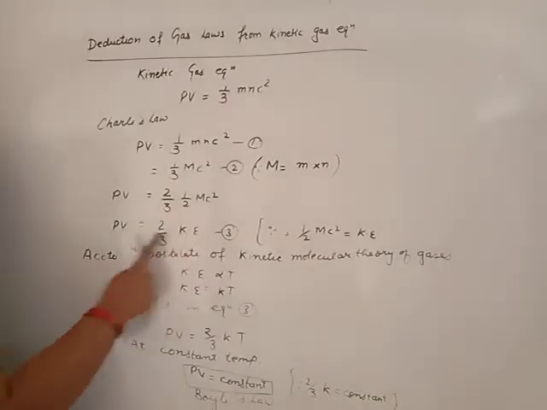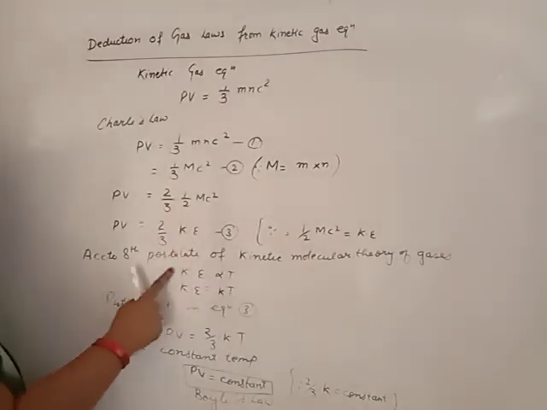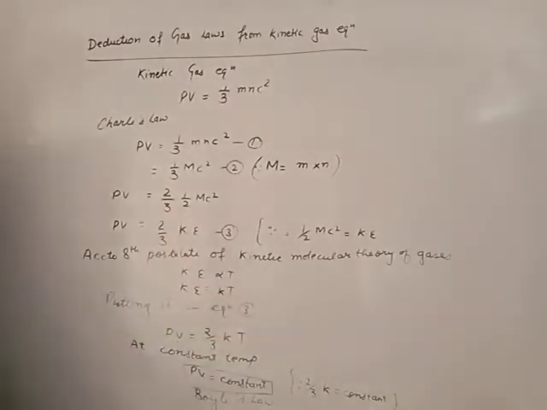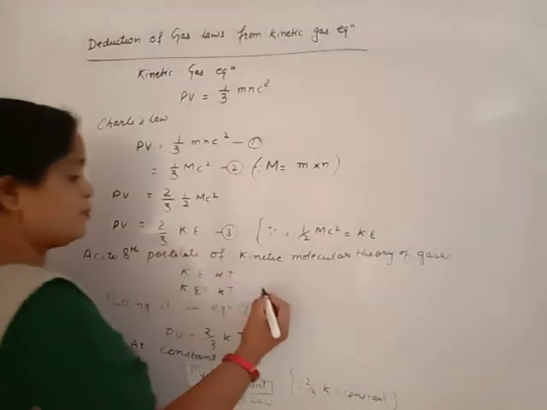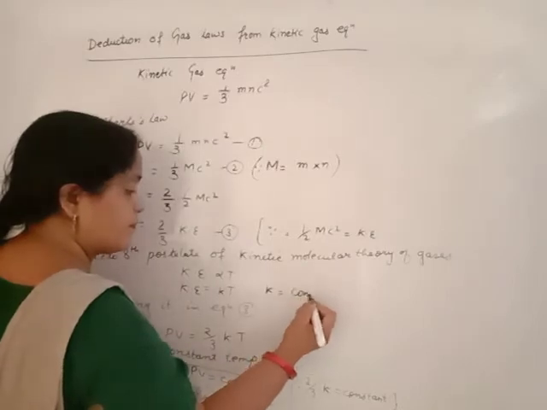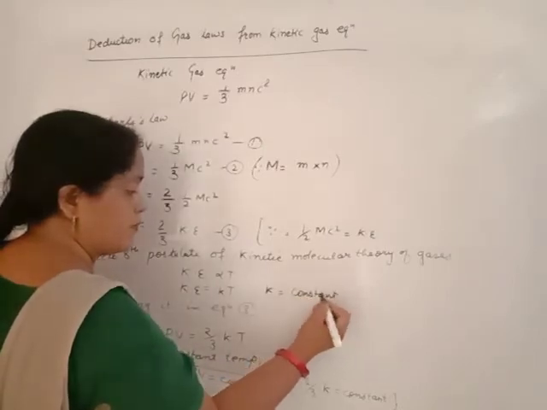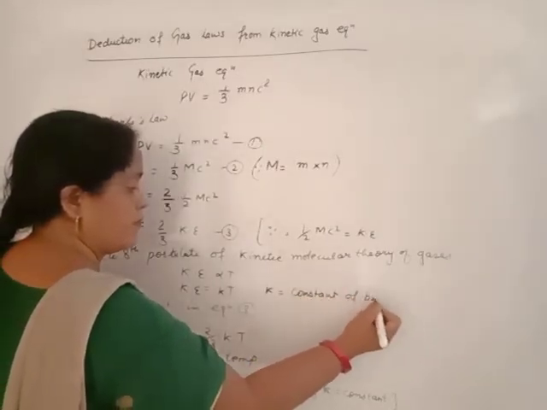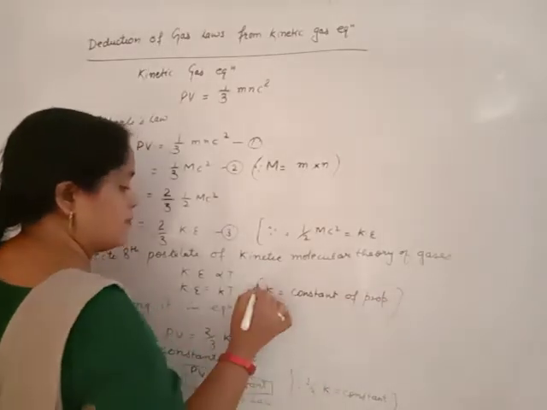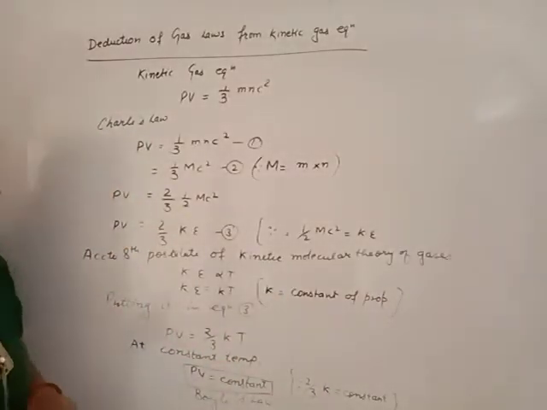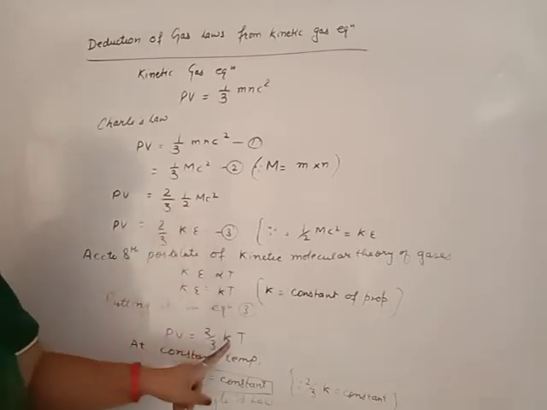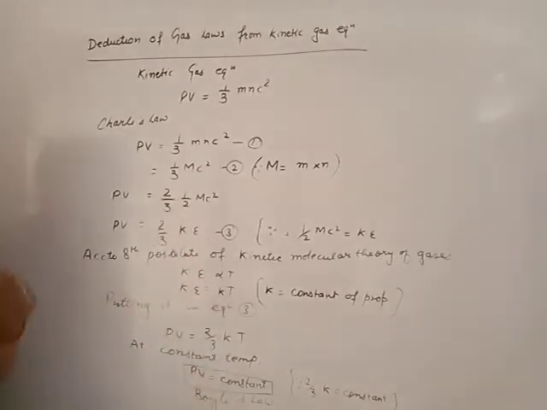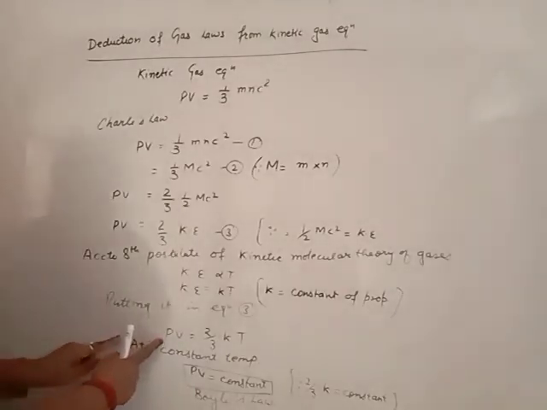In the same way, according to the 8th postulate, kinetic energy is directly proportional to absolute temperature, with K the constant of proportionality. Putting kT in place of kinetic energy in equation 3, up to this point Charles's law remains the same.